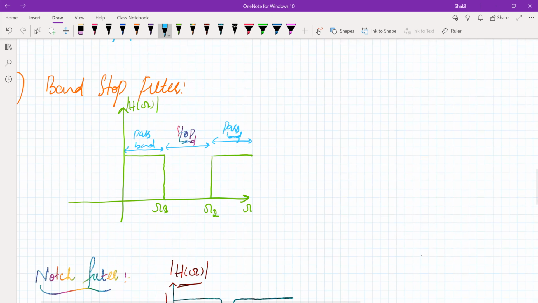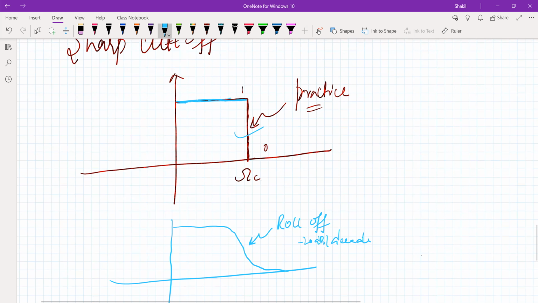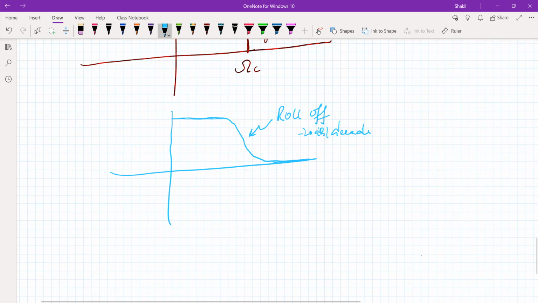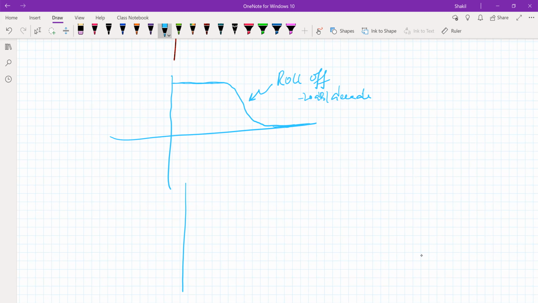Means we do not allow any kind of decrease in the amplitude in either pass band or stop band, right? Now practically we do allow some ripples in either pass band or stop band. We do allow it, right? And that will give us different types of filters that we shall learn in a bit.